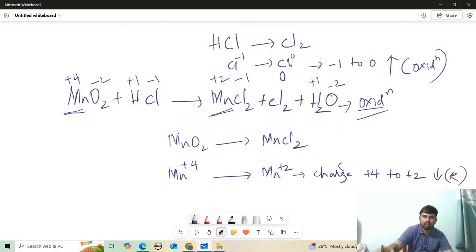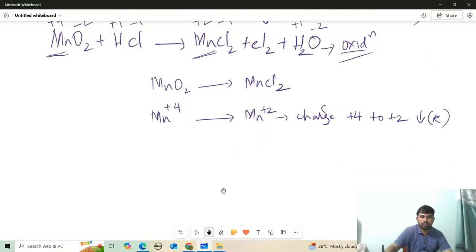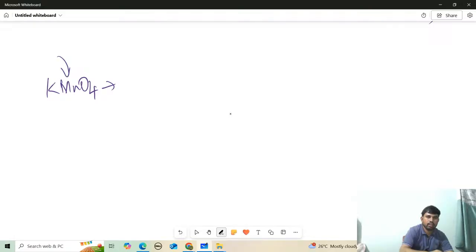I will say small things here. If we don't know about oxidation numbers, generally it will not be applicable. You should know some oxidation numbers. Suppose we take KMnO4, potassium permanganate. At least you should know the oxidation state of manganese here. Take it as X. How many potassiums are there? One potassium.